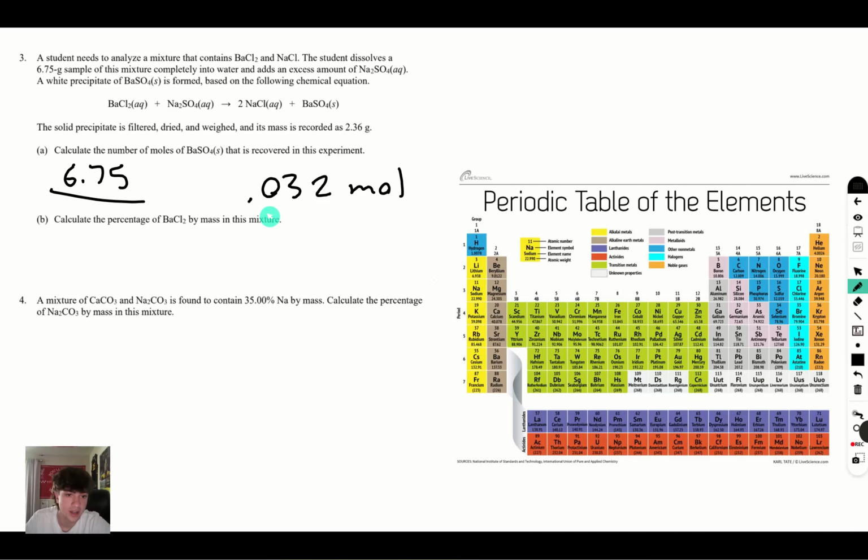Part B asks us to calculate the percent of BaCl2 by mass in the mixture. Alright, so all we have to do, the mixture is BaCl2 and Na2SO4. So BaCl2 is one of the 2 molecules in there. So we divide that by itself plus the other thing in there, which is Na2SO4.